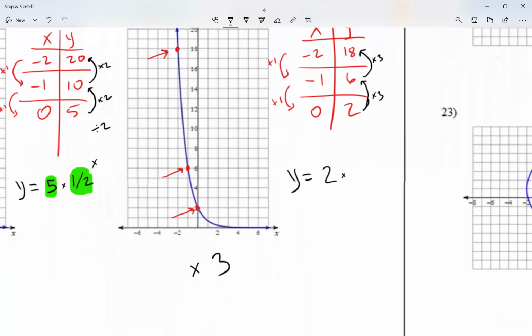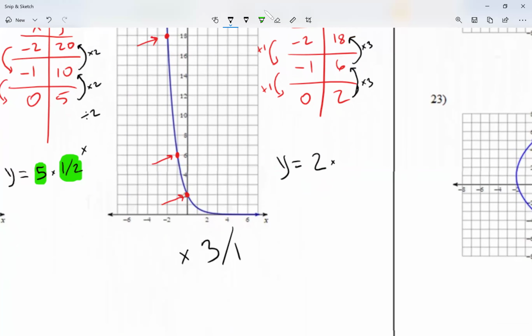Multiply by 3. So matter of fact, I'm going to write this as a fraction here. But remember, here's multiplying by 3, right? I don't have to multiply by 3. I have to divide by 3. Because going up is multiplication. Going down is division. Remember, my multiplier is going down.